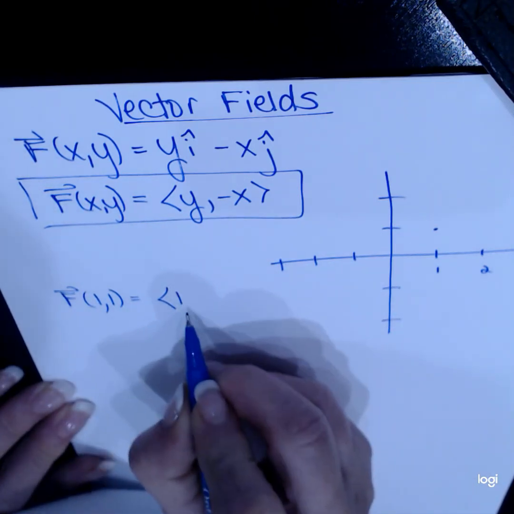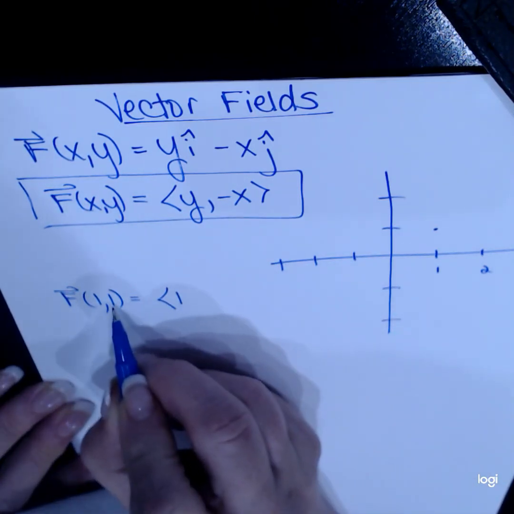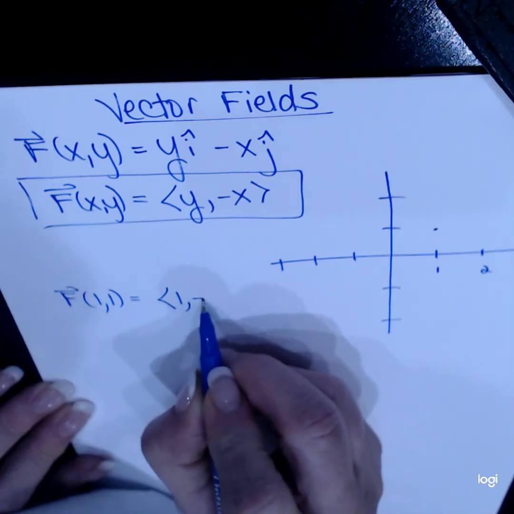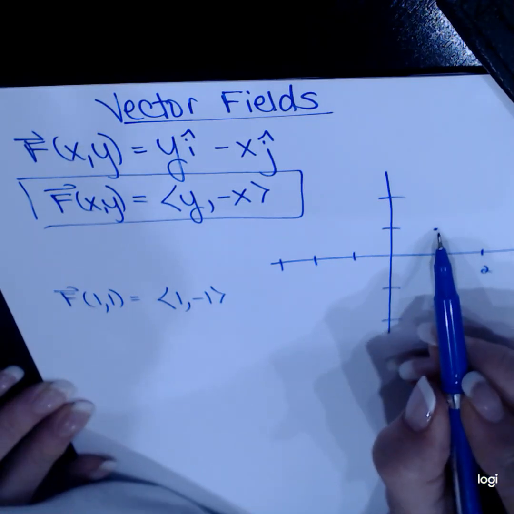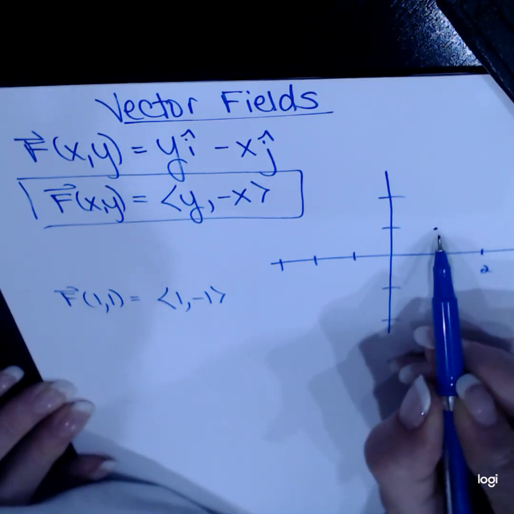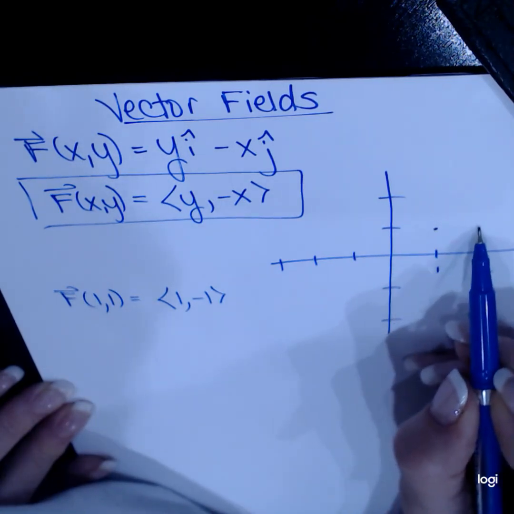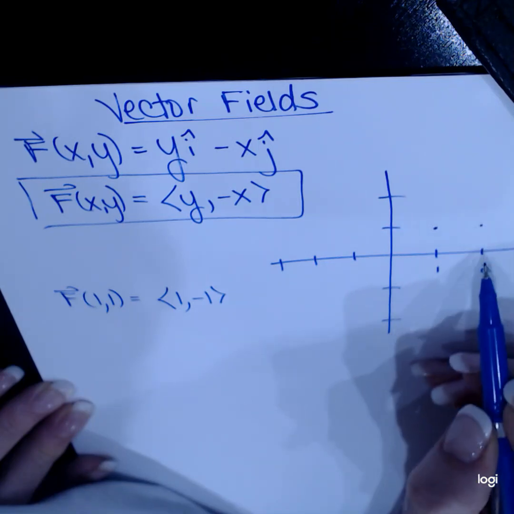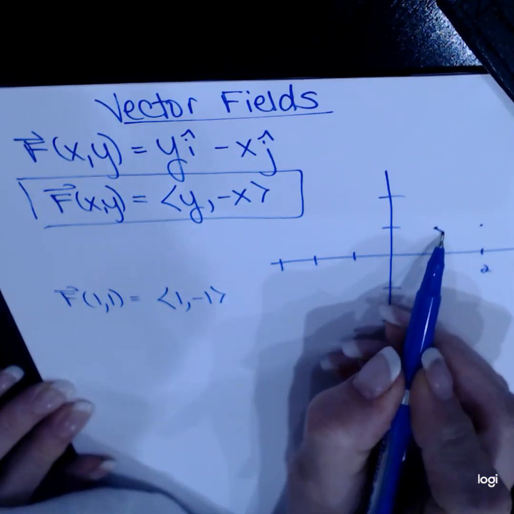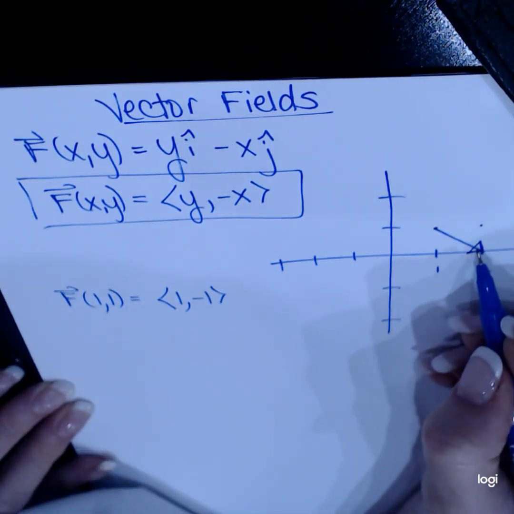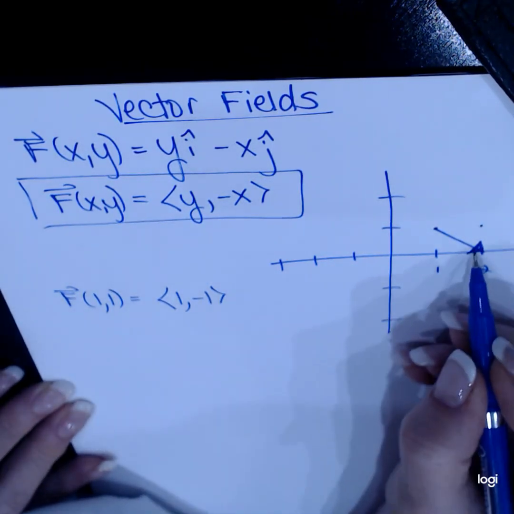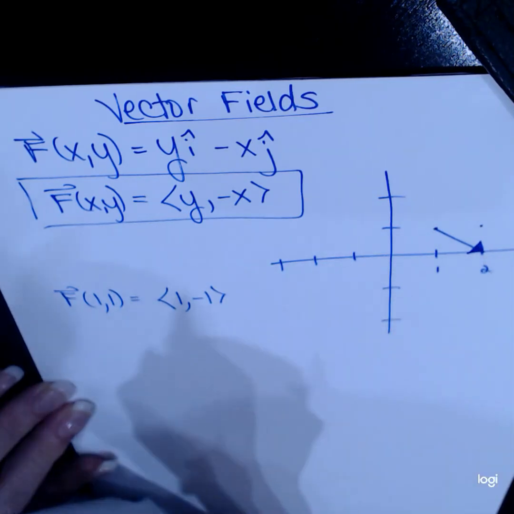In this case, that's going to be the vector having components 1 for y and negative 1 for the x. So at this point 1, 1, I have a vector that goes 1 unit in the positive x direction and 1 unit in the negative y direction. So there is a vector sitting right here that originates from that ordered pair 1, 1.